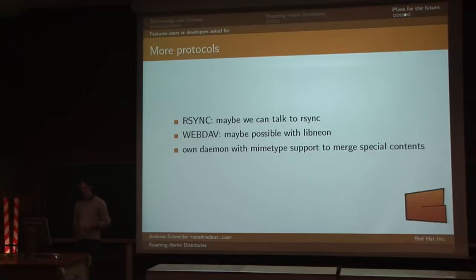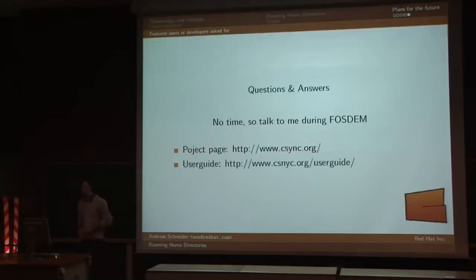Some users ask if this would be possible, but not at the moment. And I'm thinking about a bigger picture of file synchronization, but this needs a lot of work, and for this you need a daemon, but this would be a start to research the stuff.